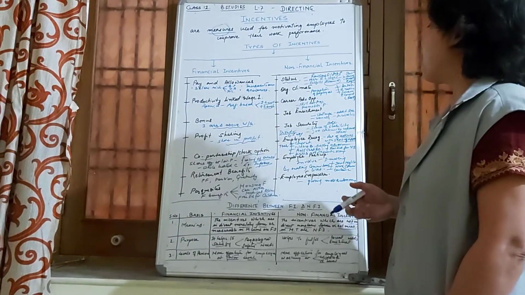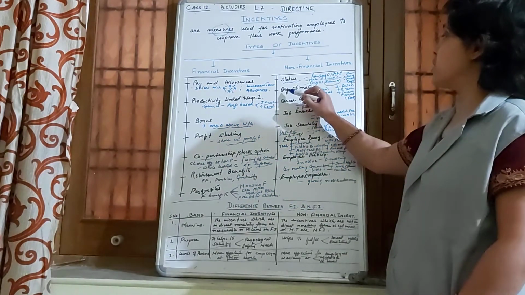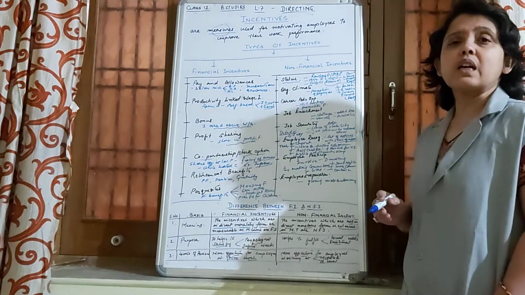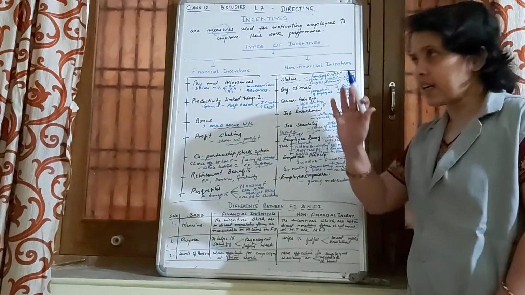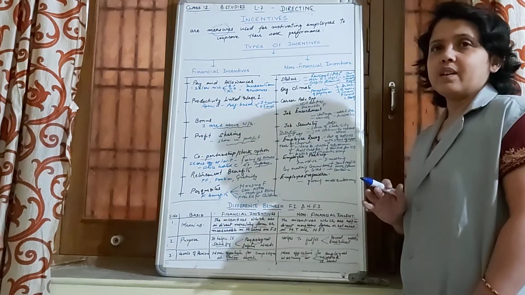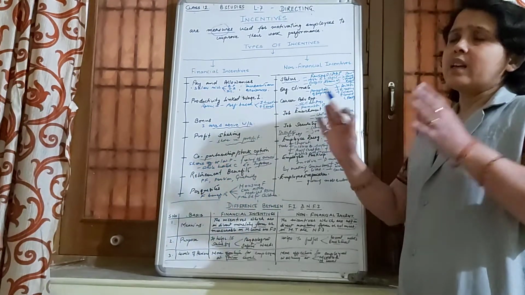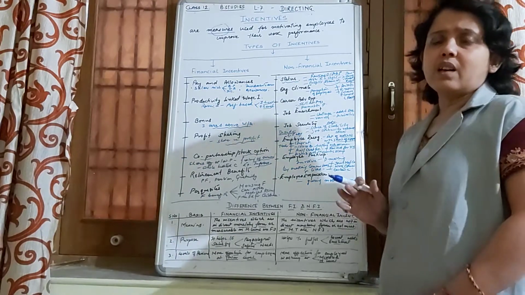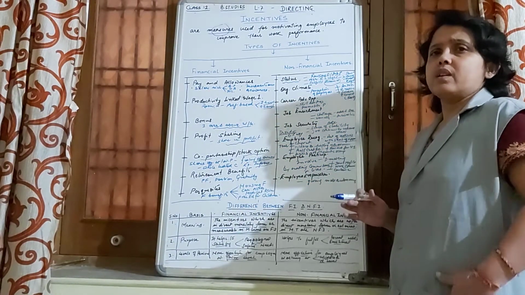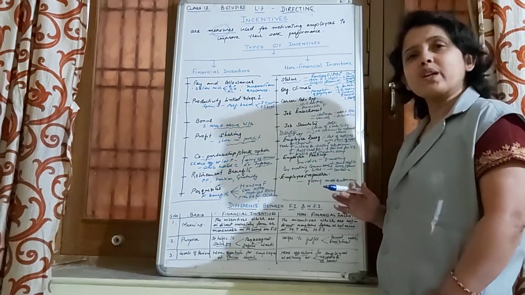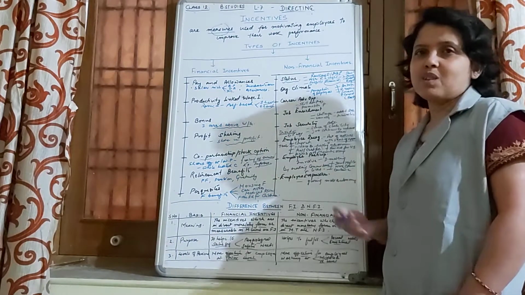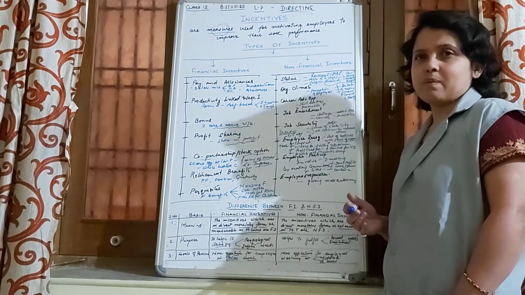The second type of non-financial incentive is organizational climate. When we say climate, how does a person or an employee perceive the organization? That is what the organizational climate is.